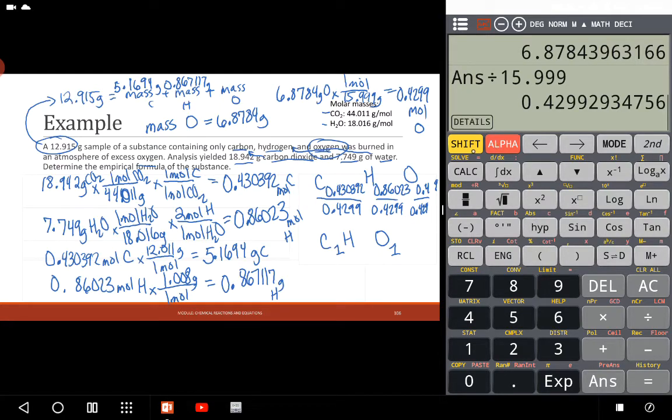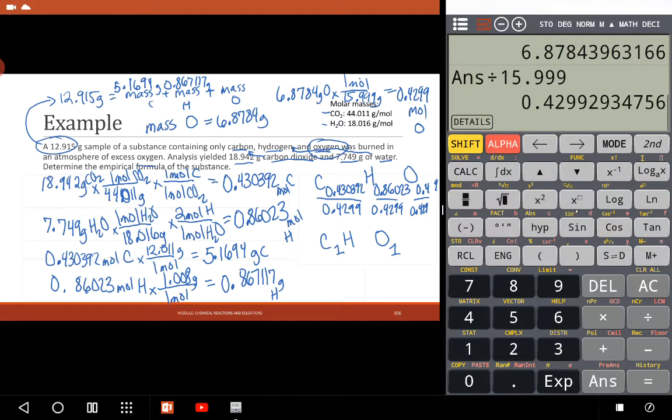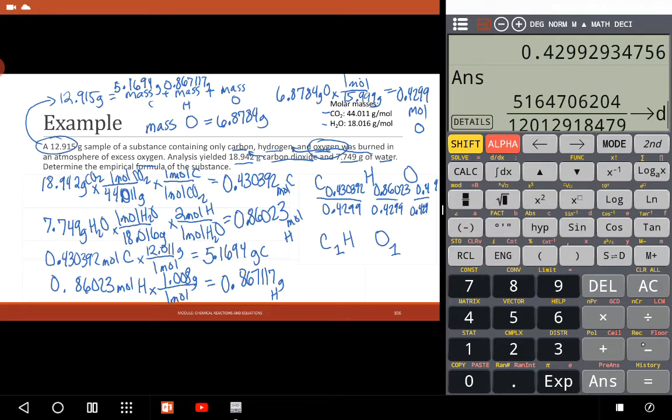I can store this number. How do I get that number back? Okay. Store as alpha D. Okay, so that was A. So if I do alpha A divided by alpha C, that's going to be about 1.